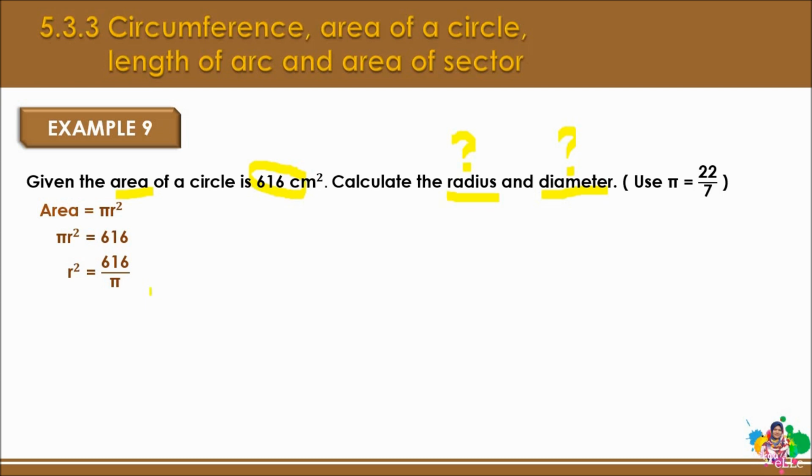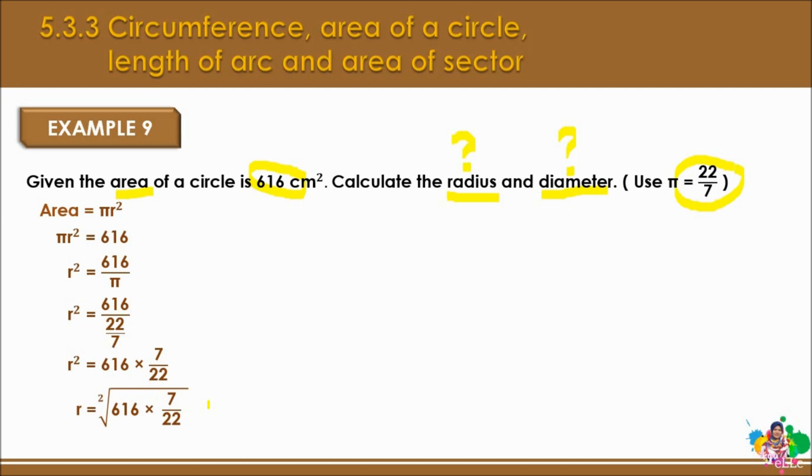So this one you get 616 over 22/7 because the value of pi you have to use is 22/7. Then now what you have to do is change the division into multiplication, then you use the reciprocal of 22/7, which is 7/22.